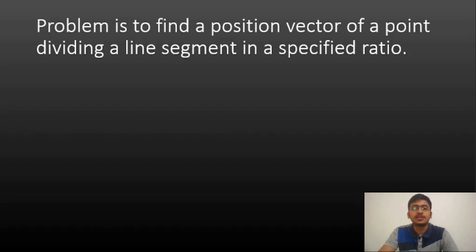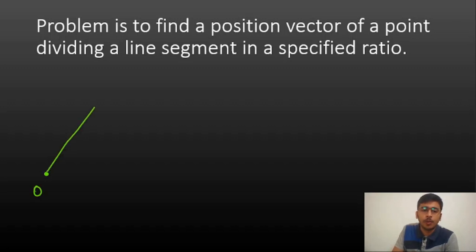So what is the section formula? The section formula's problem is to find a position vector of a point which is dividing a line segment in a specified ratio. Okay, so I'll draw it. Let's say this is our origin. We have a point A over here.